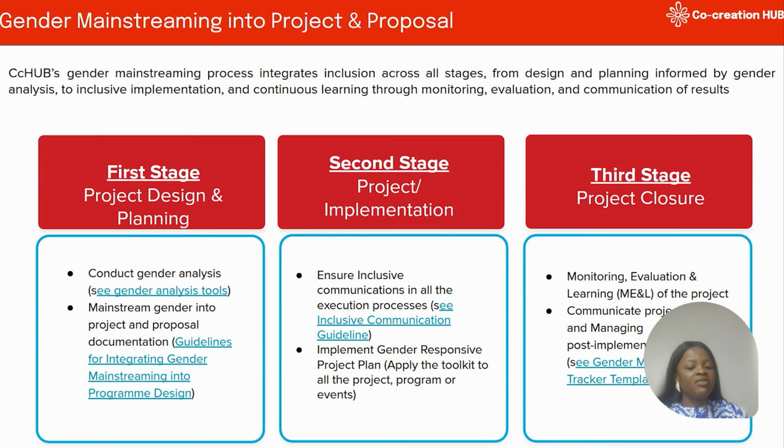Also, during monitoring and evaluation, the findings from gender analysis should inform the baseline reports to monitor results and to monitor every other indicator that has been highlighted in the project.